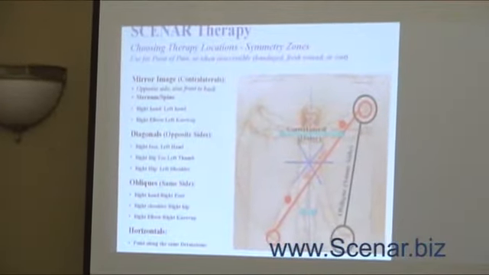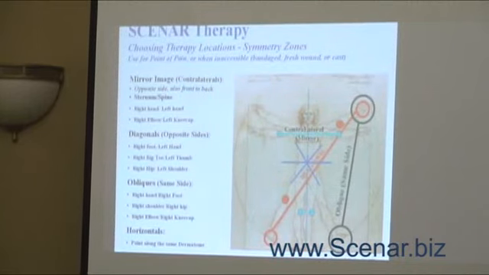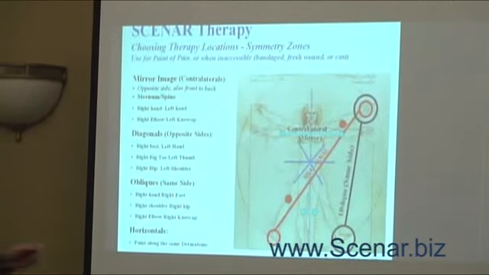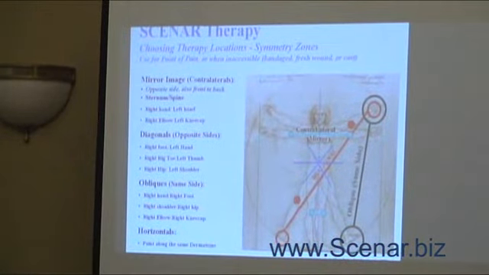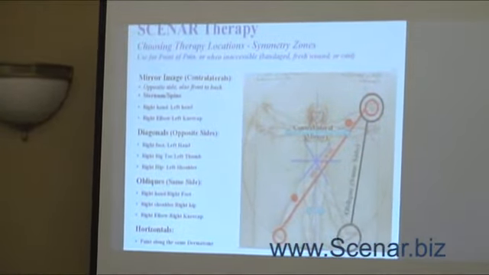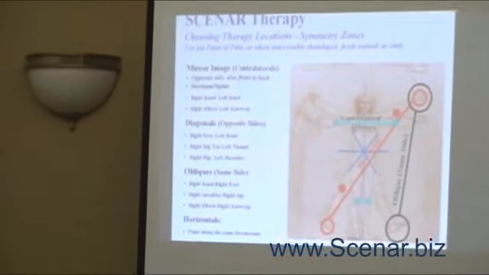We also talked about where to treat. Now, there's a lot of symmetry in our bodies, and there are planes. There are planes where you just pass a mirror through here and you have an up and a down. So if I'm treating this shoulder, I can also treat down here. Or probably easier would be an elbow and a knee.